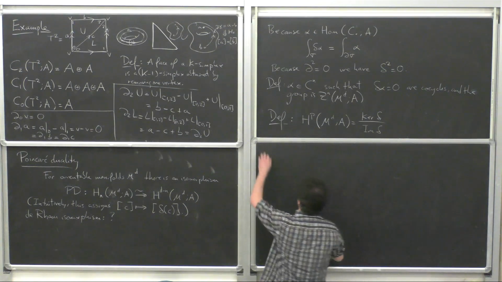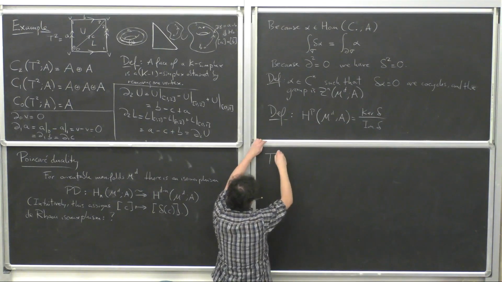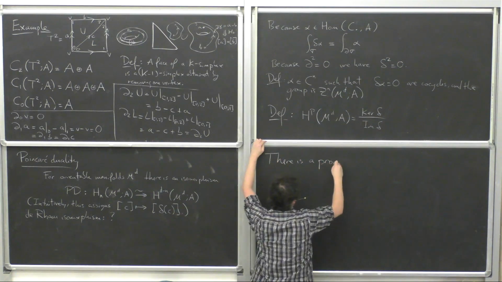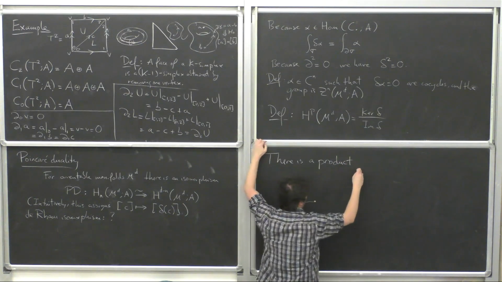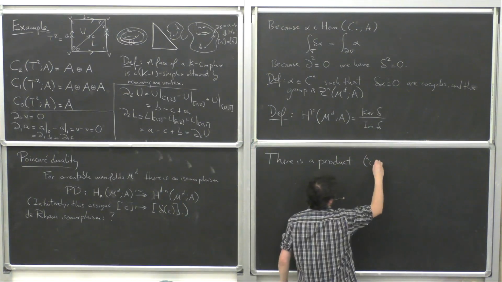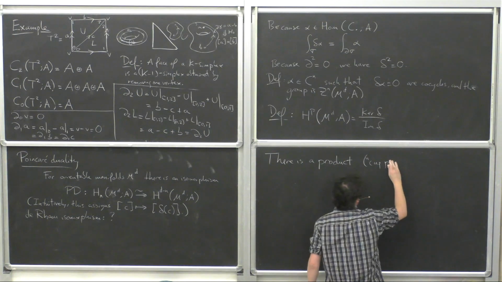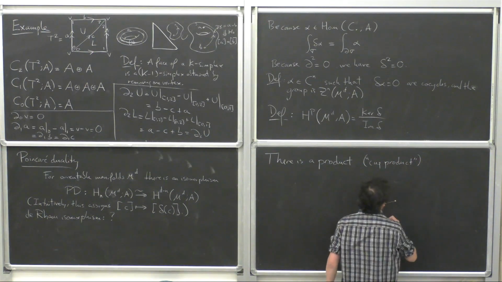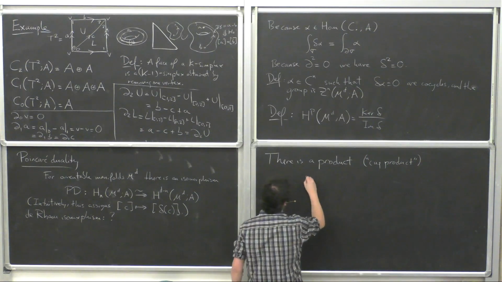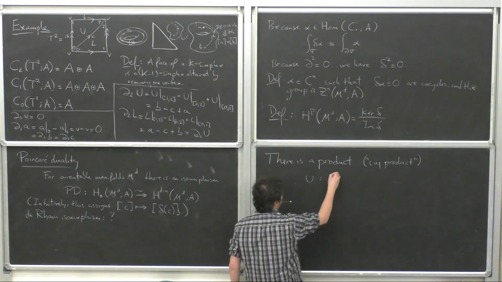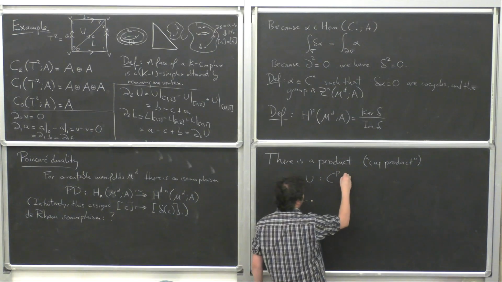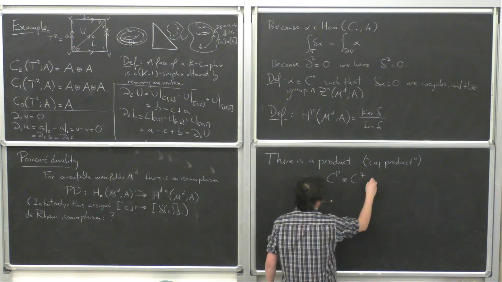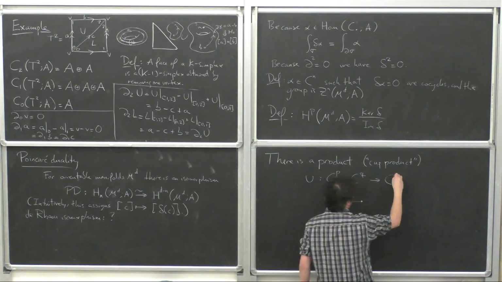So there is a product, the cup product, that takes a couple of cochains of degree p and q, and it gives me a cochain of degree p plus q.